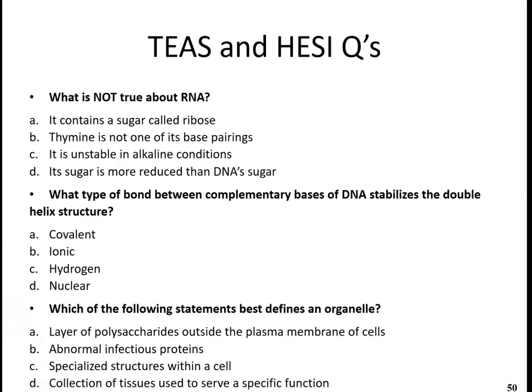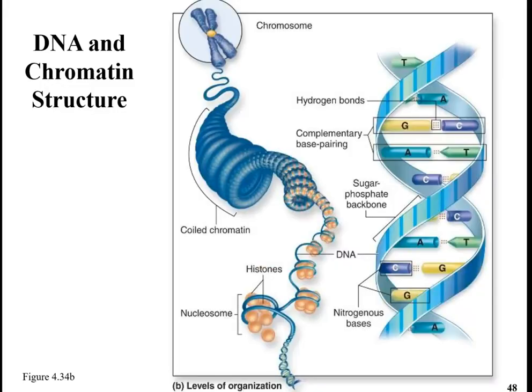Okay, what type of bond between complementary bases of DNA stabilizes the double helix structure? So if we go back to this image here, you can see these little dots between the nitrogenous bases represent hydrogen bonds. Okay, so you'll notice here between adenine and thymine there are only 2 hydrogen bonds, whereas between cytosine and guanine there are 3 hydrogen bonds.